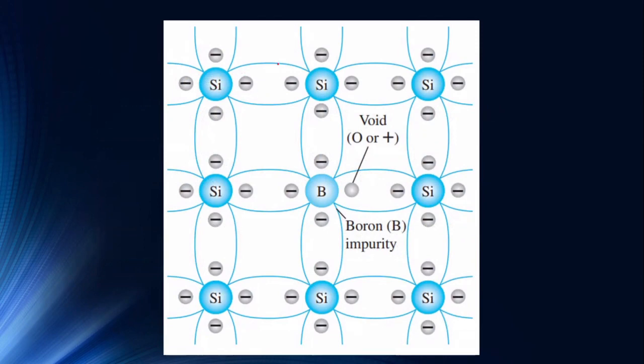So meron ka kunwari dito mga silicon atoms, meron silang covalent bond sa kanilang makatabi. Nag-inject ka ng boron. Boron is trivalent, meaning it has 3 valence electrons. So papares siya ngayon sa katabi niya. So ito kapares nung nasa taas, kapares nung nasa kaliwa, kapares nung nasa baba. Trivalent nga lang siya. Sino ang kapares nito?